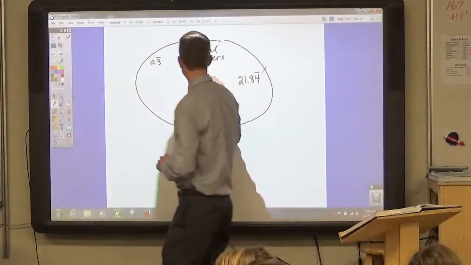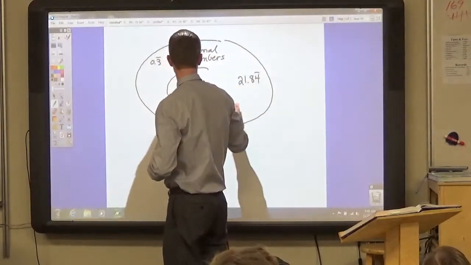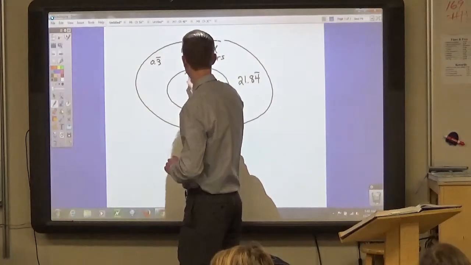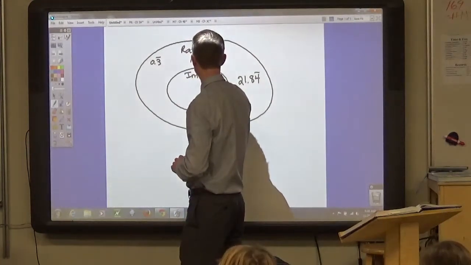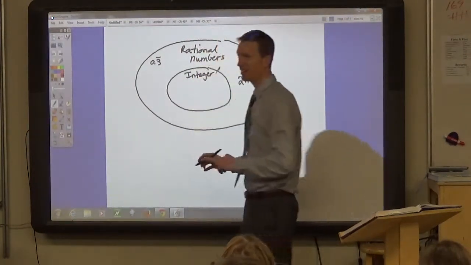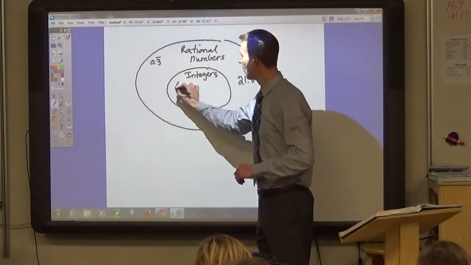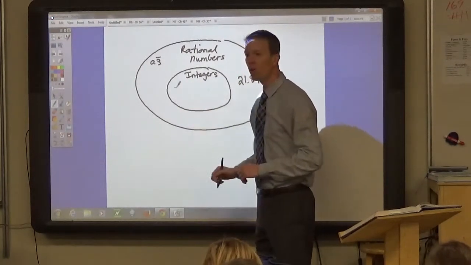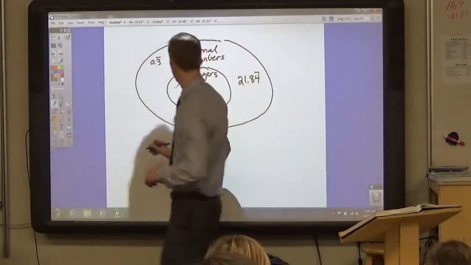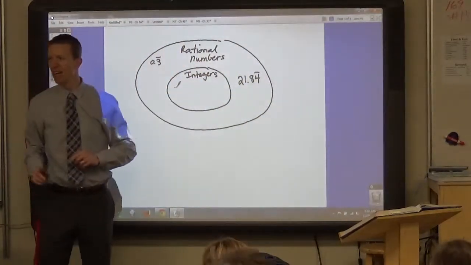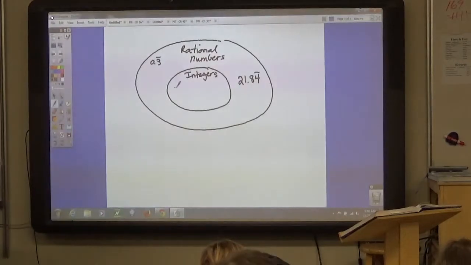Then, within rational numbers, we have the integer category. Exciting, isn't it? Yeah. Integers. Positive and negative whole numbers.